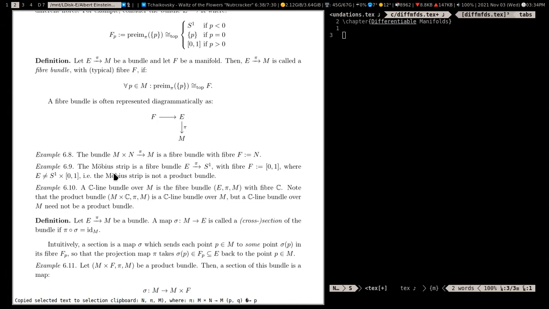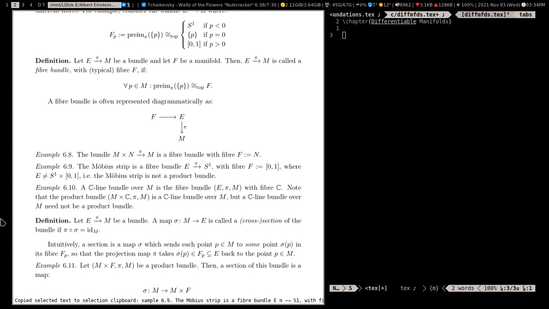Okay, so another example is the Mobius strip. The Mobius strip is a fiber bundle with this fiber, which is the unit interval. So you have the fiber bundle going from the Mobius strip to the circle, and the total space is actually not equal to S1 cross the unit interval, right?